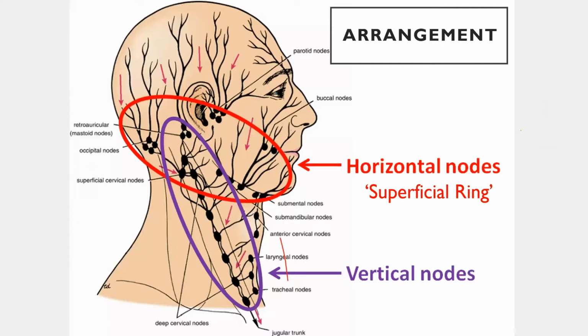So here you see a picture which shows the horizontal and the vertical groups of lymph nodes. Okay. So now we will look at the horizontal groups of lymph nodes first.